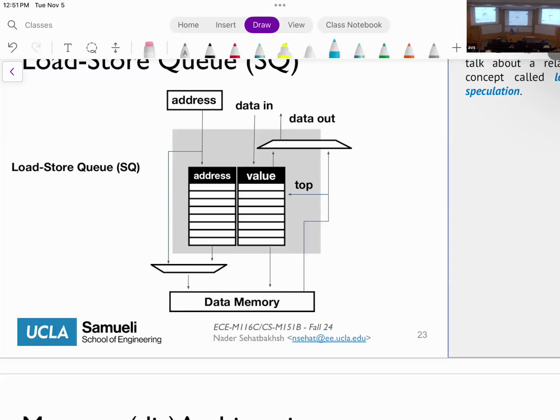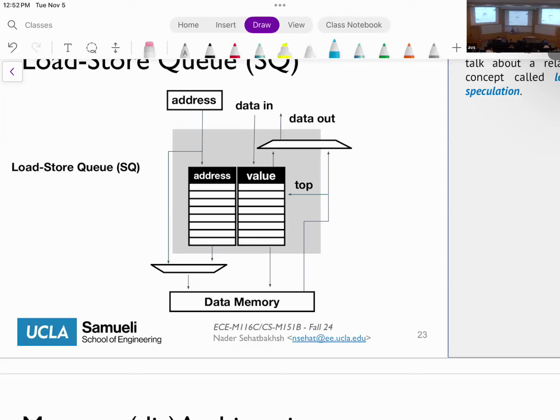So just keep in mind that if your store hasn't finished and you go to the memory and read that value, you're going to read an incorrect value. But if you're reading from the store queue, and your store queue is always following the program order, in other words, we only let the load go if the previous instruction is retired, then I'm always going to read the correct value from my store queue.